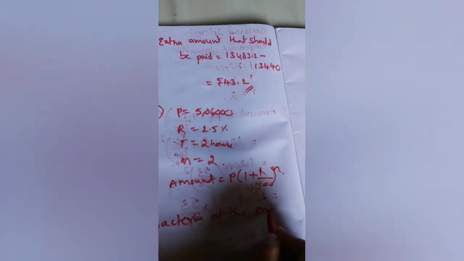At the end of 2 hours is equal to 5,06,000 into 1 plus R, which is 2.5 by 100, whole square. Now you solve it and find the answer. That is the 10th one. Now let us go for the 11th problem.